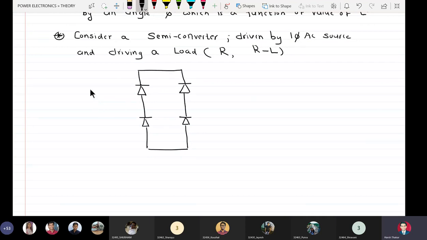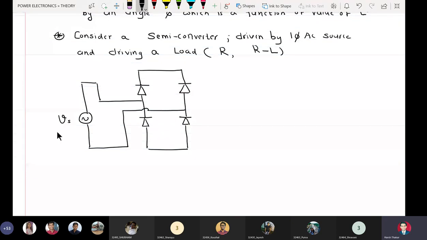Okay, 230 volt RMS, 50 hertz, line neutral.